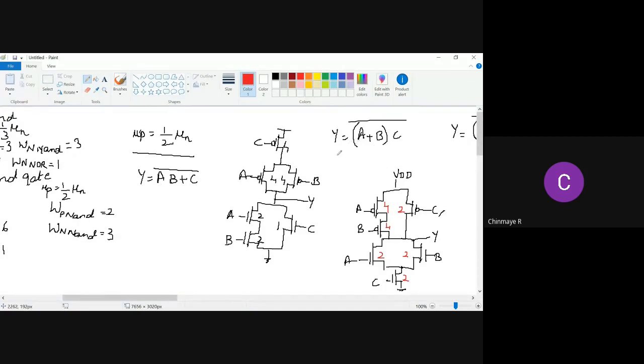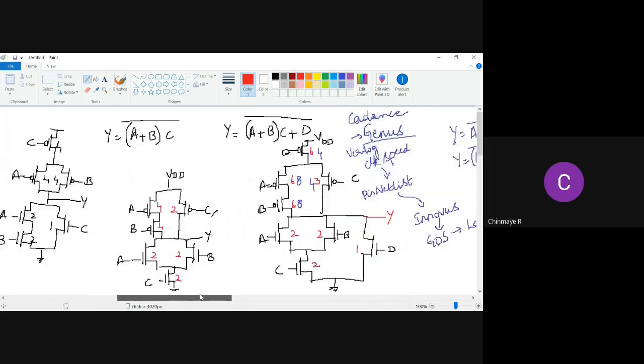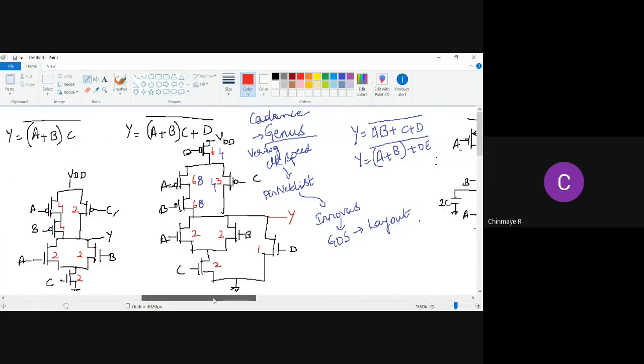So similarly, we tried to size these based on a unit inverter. Mu p is equal to half mu n, again, so that all the effective resistances, the worst case charge and the discharge times, encounter an effective resistance of R. So we did another expression, and then we saw we can size these transistors in two ways, so that still we get an effective resistance of R during the charge and the discharge times, right?